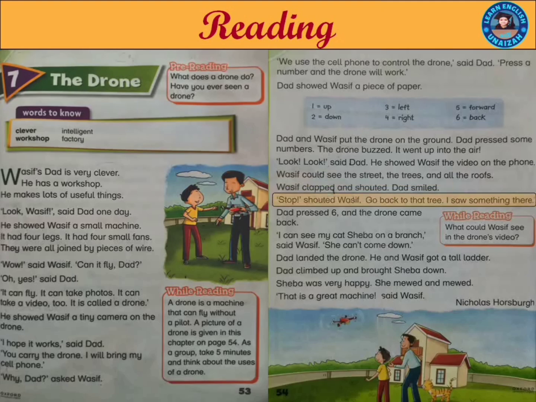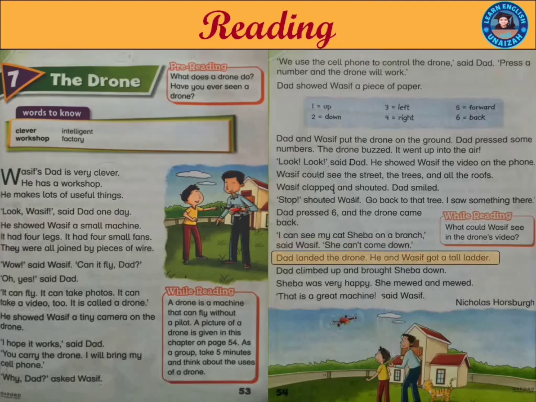Stop, shouted Wasif. Go back to that tree. I saw something there. Dad pressed 6 and the drone came back. I can see my cat Sheba on a branch, said Wasif. She can't come down.